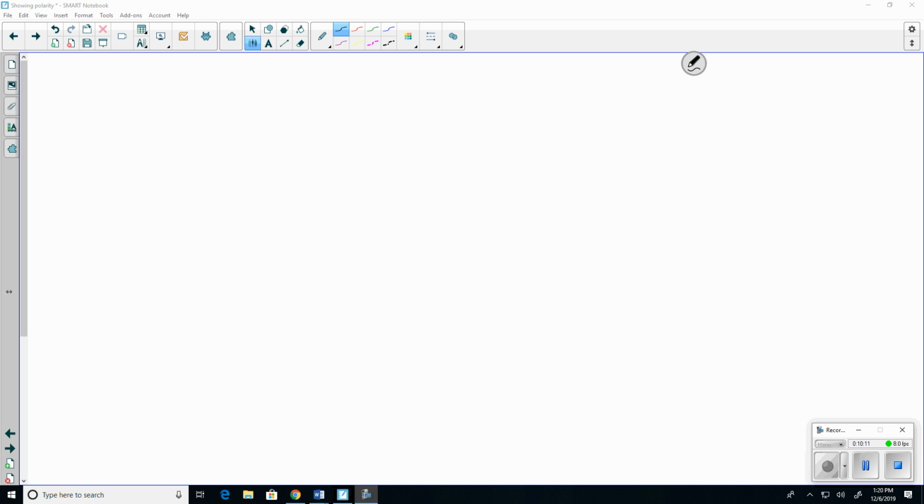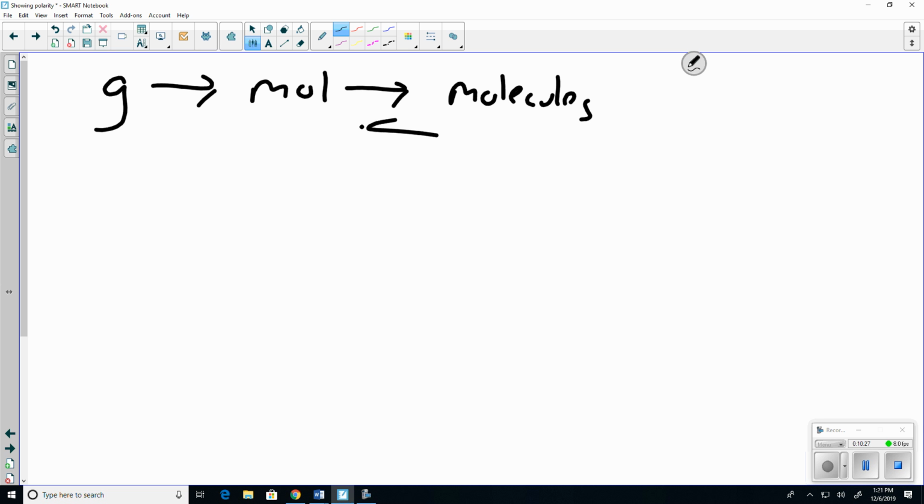So again, we moved on to mole conversions. The good news is we don't change what a mole conversion is. Again, if you start with grams, you want to convert to moles somehow. And then you could convert to molecules if you needed to. You could do the exact opposite direction as well. What we need to focus on is this gram to mole or mole to gram step.